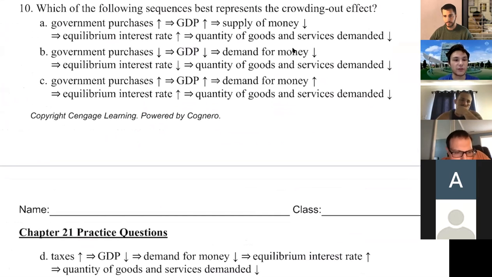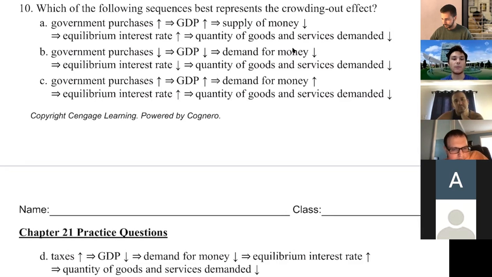So you can apply that same concept to government purchases. When we're thinking about this, let's not even consider government purchases going down, because we're thinking about the government crowding out other investment. When we have government purchases, it's obviously going to increase GDP, from that equation you guys learned, Y equals C plus I plus G plus net exports.